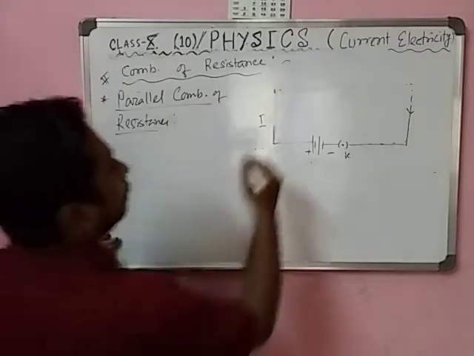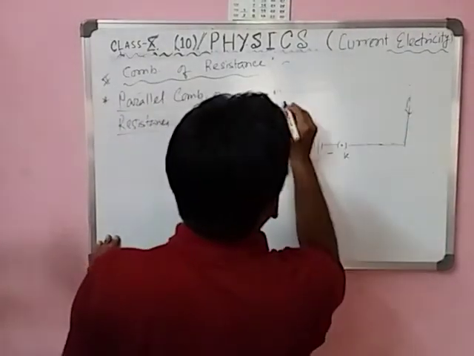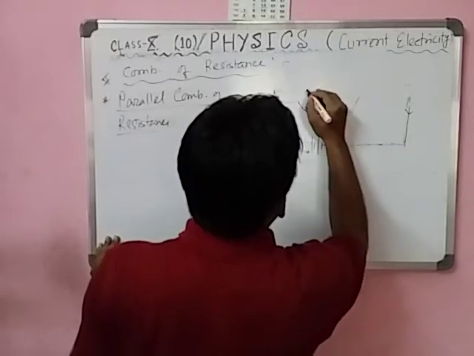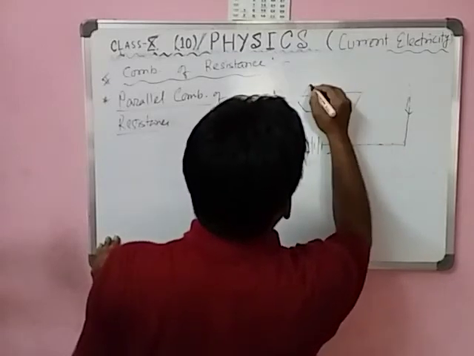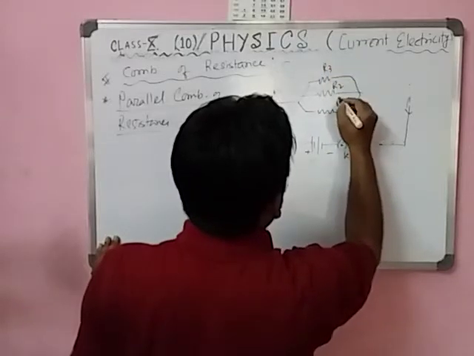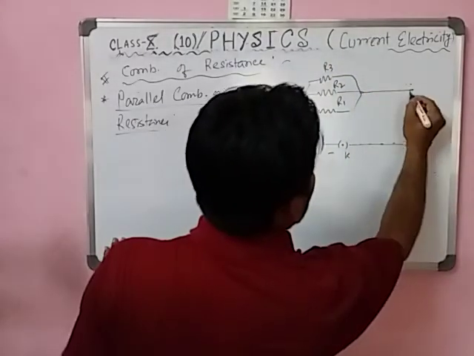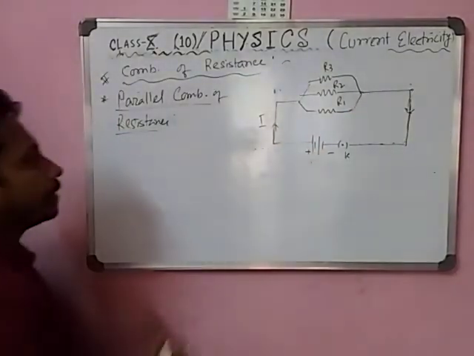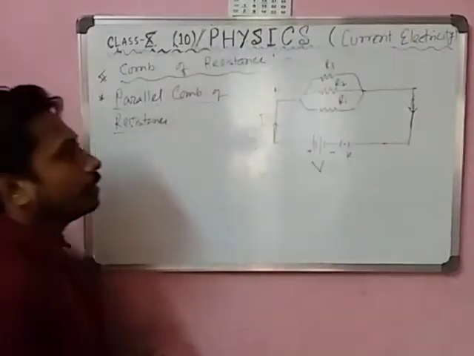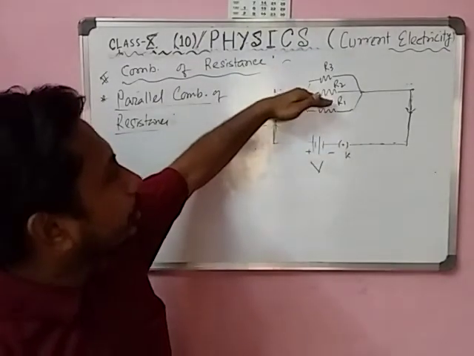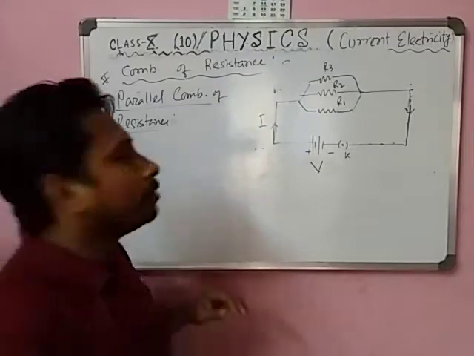Okay, so in parallel combination resistance, the resistors are connected in parallel like this. Here R1, here R2, here R3. And the circuit is closed like this. Here potential V. Now student, you can see R1, R2 and R3, how they are connected?